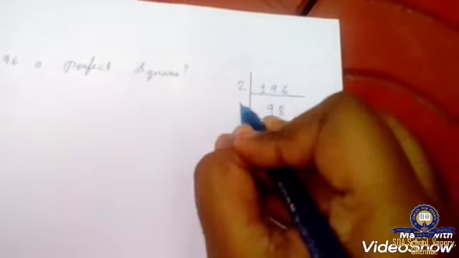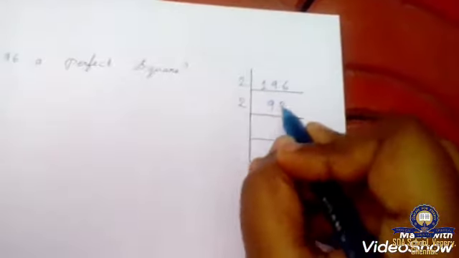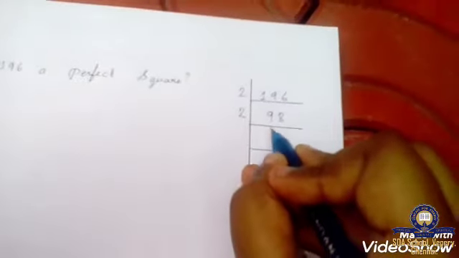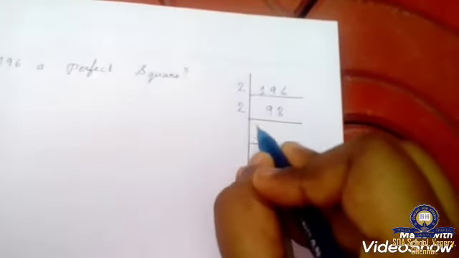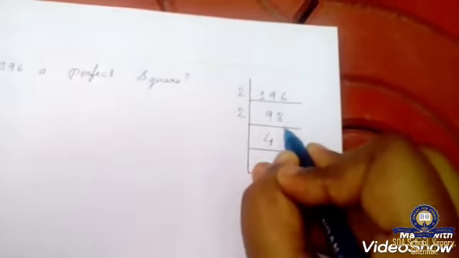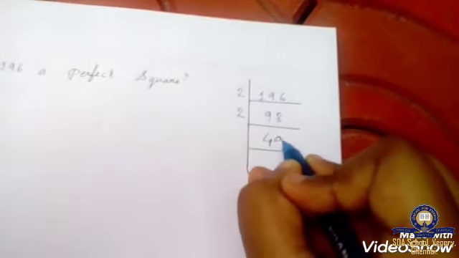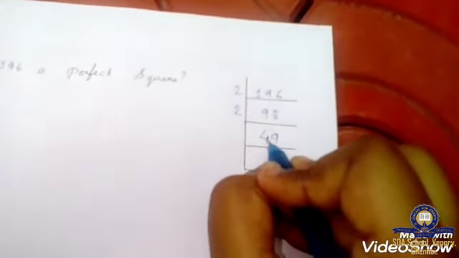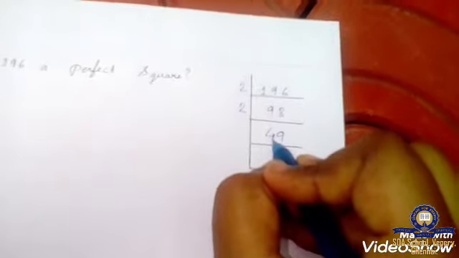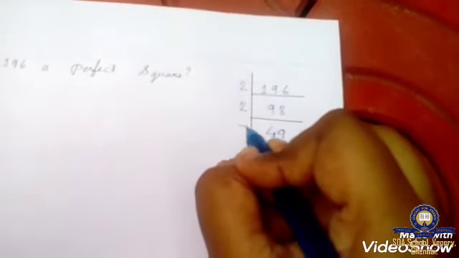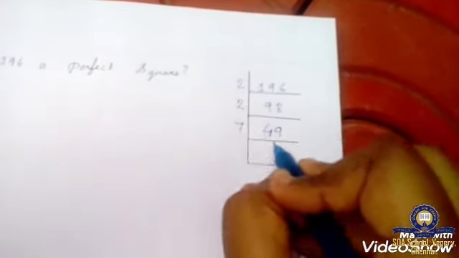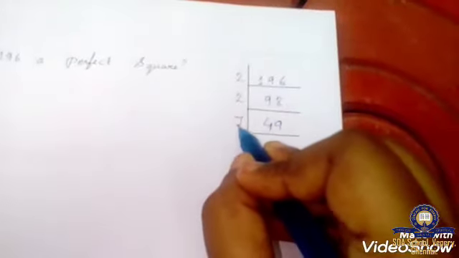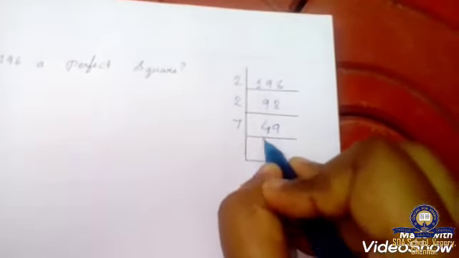Then we know that 98 is also divisible by 2. So let's take 2. 2 4s are 8, likewise 2 9s are 18. Since we know that 49 is divisible by 7, let's take 7. So 7 7s are 49.